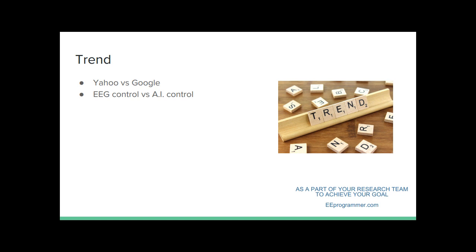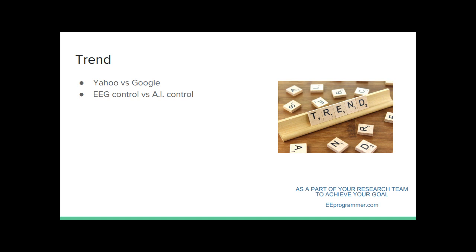This year, there are many AI controls in the market, and people like AI because it seems like the AI would be much smarter than a human. And if you want to choose a research topic, do you want to go to AI control or EEG control?